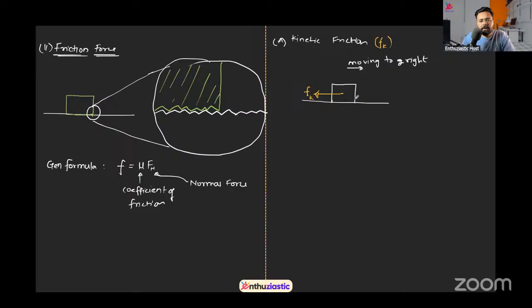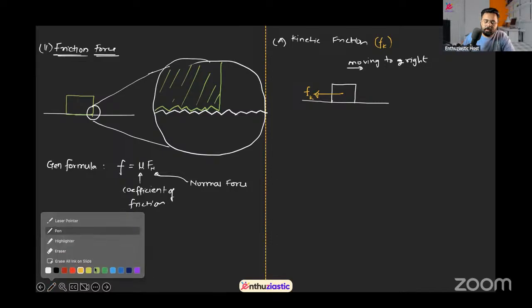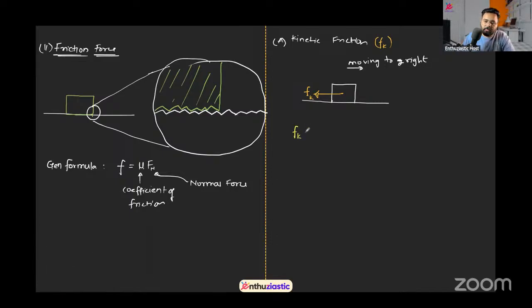The question is, how do you calculate the kinetic friction force? Very simple. Kinetic friction is equal to mu, the general formula, but this time we will call it mu k. Mu k refers to the coefficient of kinetic friction, multiplied by Fn, where Fn refers to normal force.